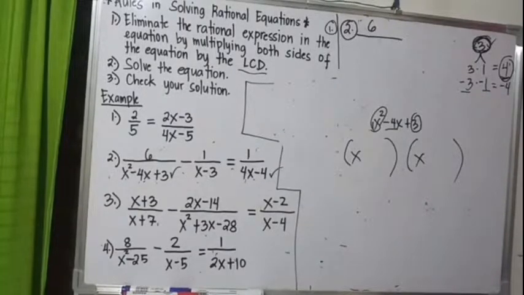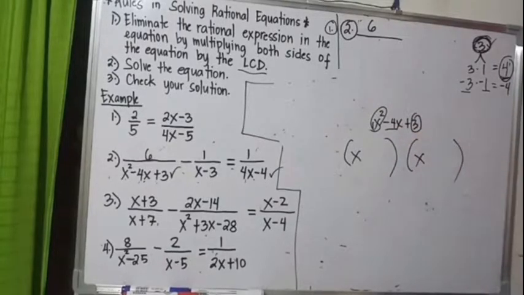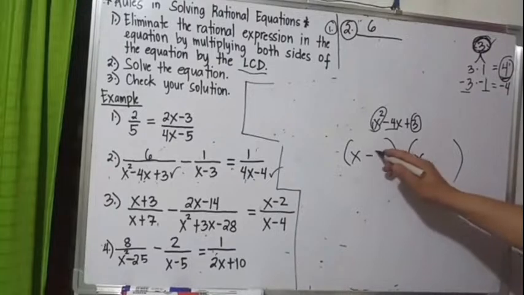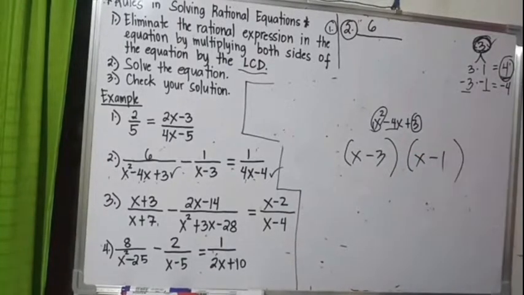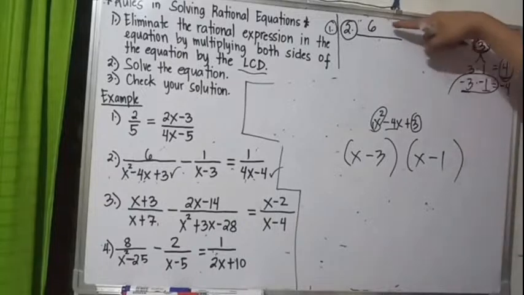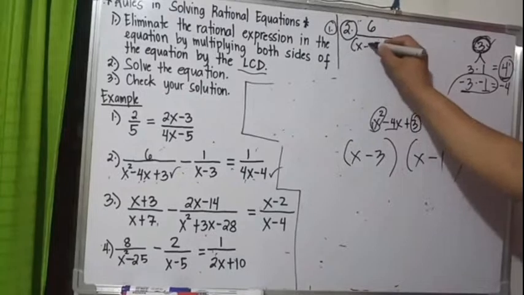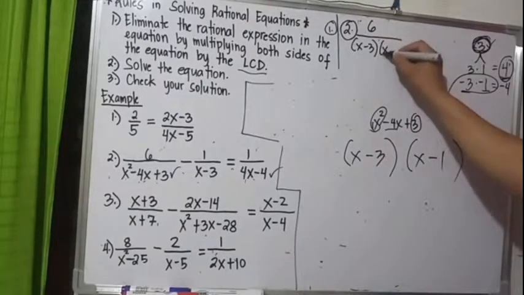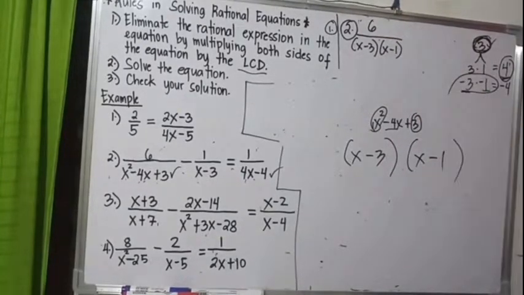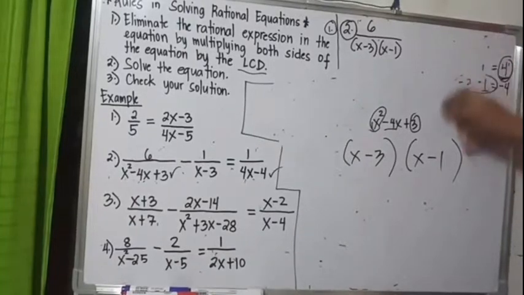So, ano yung factor ng x squared minus 4x plus 3? So, ang factor is x minus 3 and x minus 1. Ito. Okay. So, 6 over x minus 3 times x minus 1. Okay. Yan ang factor ng denominator. Next. Meron pa.